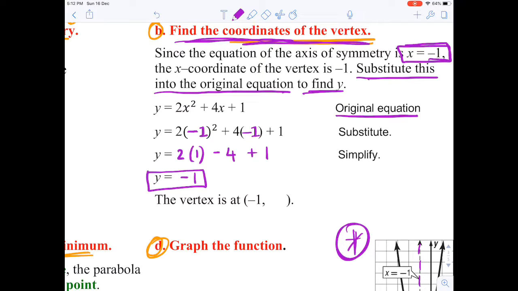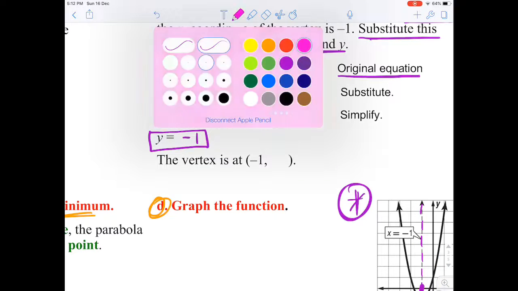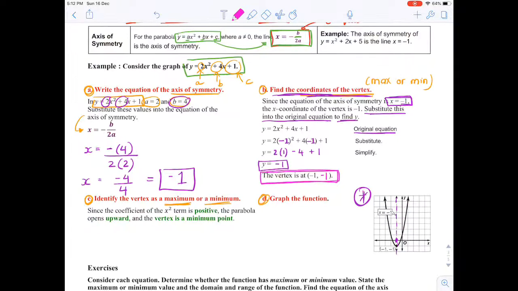So that was the y value I got when I substituted in the x value of negative 1. So there it is right there. I'm going to change to pink. The vertex of my parabola, remember the minimum or the maximum point, is negative 1 comma negative 1. They're not always the same number, you guys. That's just a coincidence. The vertex can be any ordered pair, of course.